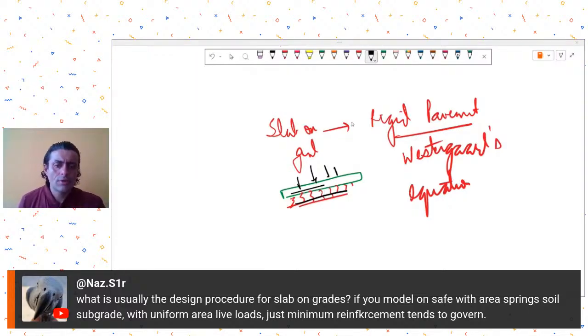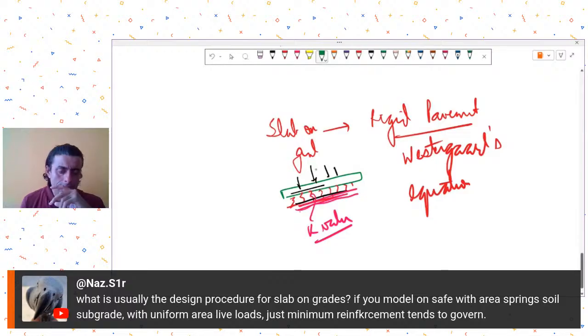So as you rightly pointed out, the minimum reinforcement usually will tend to govern, but you need to be careful about the soil compaction over here. What is the proper K value that you want to achieve from your compacted fill is what you need to understand and ensure on site, that you are able to achieve the appropriate K value.